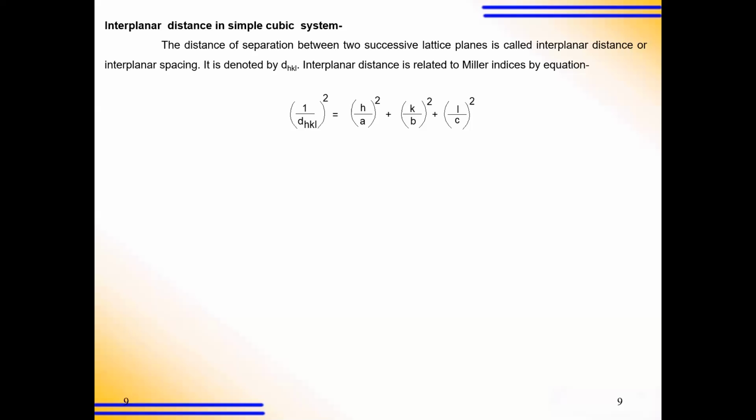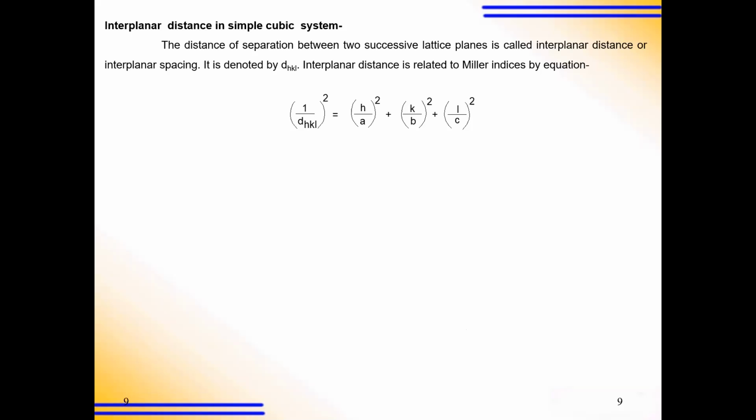Okay, so the definition of interplanar distance is simply the distance of separation between two successive lattice planes, called the interplanar distance or the interplanar spacing. त्याला आपण interplanar distance म्हणतोय किंवा interplanar spacing म्हणतो. जे काय एक प्लेन असेल तो प्लेन दुसऱ्या प्लेनच्या एक इक्वल डिस्टन्सला प्रेझेंट असेल, म्हणजे two adjacent planes present in the lattice.